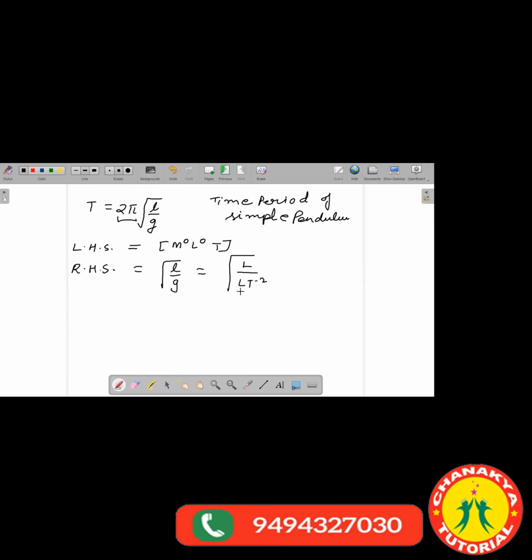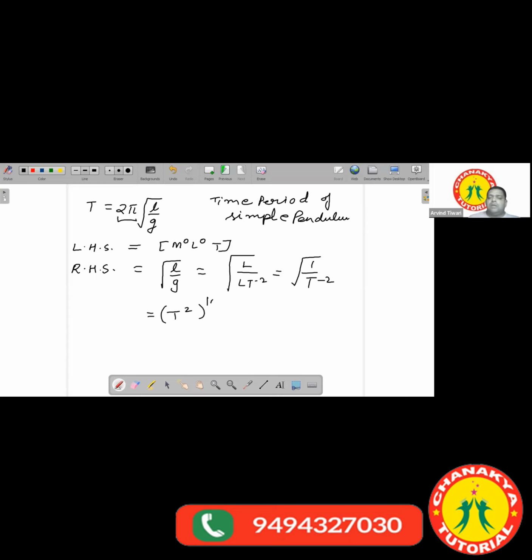So these L and L cancel and you have under root of 1 by T minus 2. T minus 2 goes to the numerator and becomes T plus 2, or you can use T to the power 2 whole power 1 by 2.